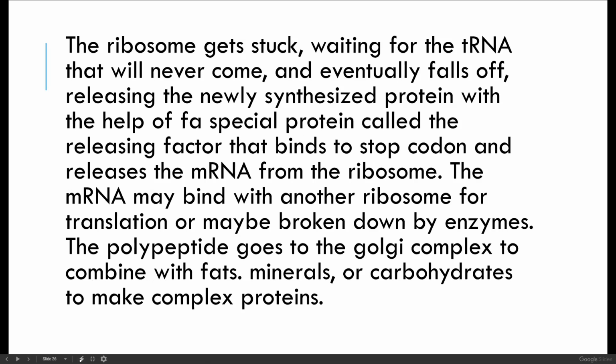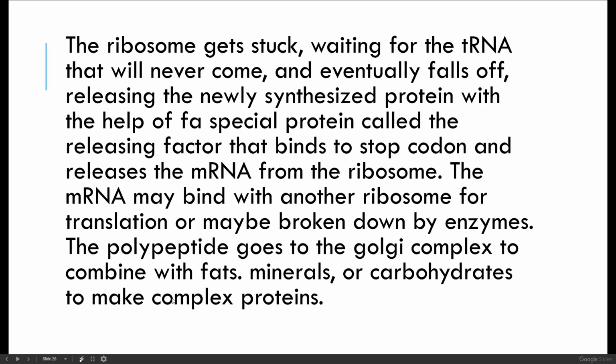The ribosome gets stuck waiting for the tRNA that will never come and eventually falls off, releasing the newly synthesized protein with the help of a special protein called the releasing factor that binds to the stop codon and releases the mRNA, or the messenger RNA, from the ribosome.